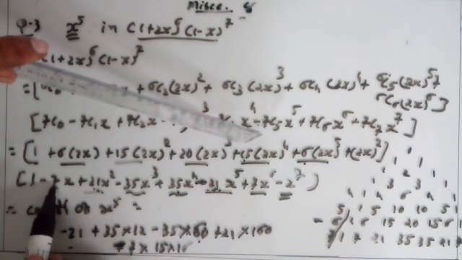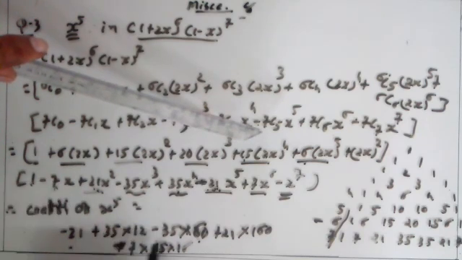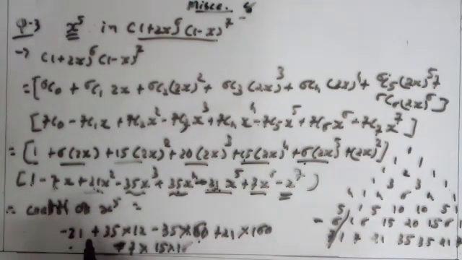Clear? 2 raised to 4 is 16 into 15 into 7. Clear? Now using a calculator find this number.